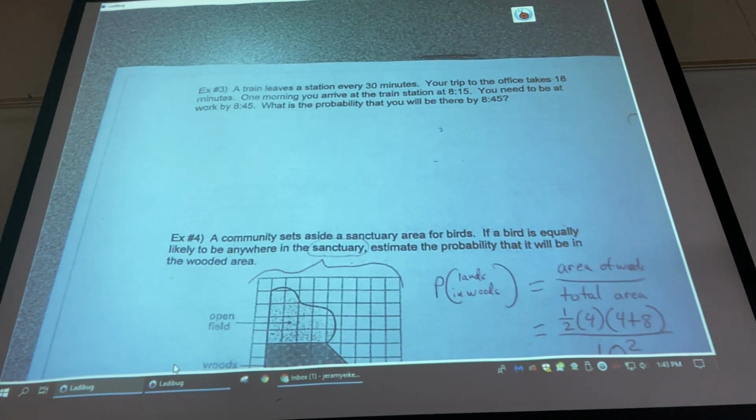So do you guys kind of have a vision for what's going on here before we continue? Oh. Yeah. How do we know what time the train leaves? We don't. And that's what makes this difficult. But it does say one morning we arrive at the train station at 8:15.